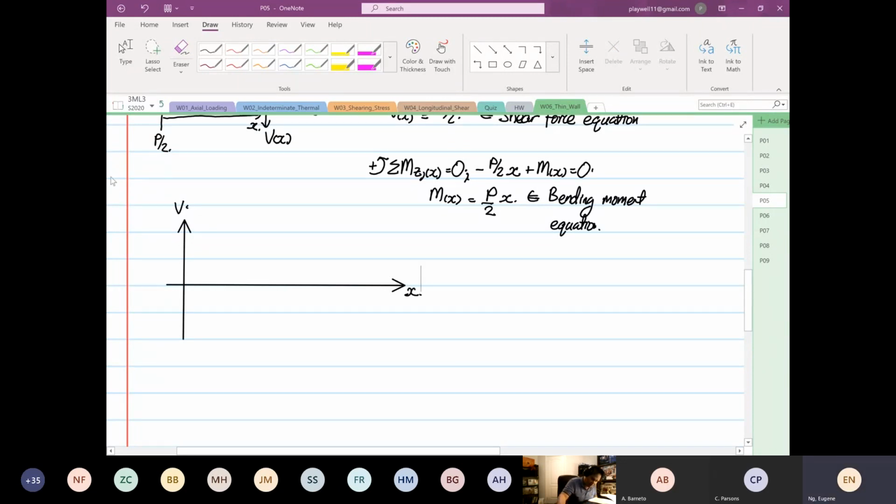So we have P over 2. Over here to here is L over 2, and over here is L. So we have positive. Then at L over 2, it'll come down by P. So it's minus P over 2 down here.